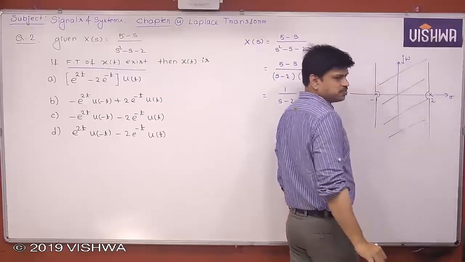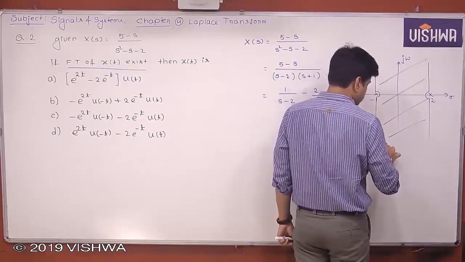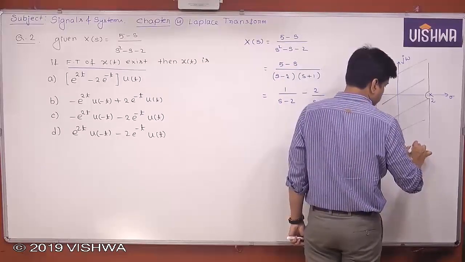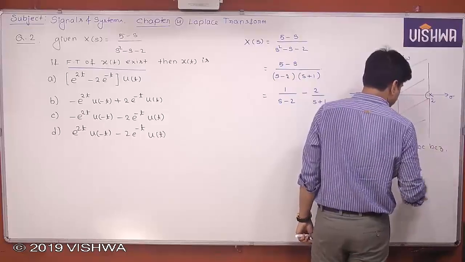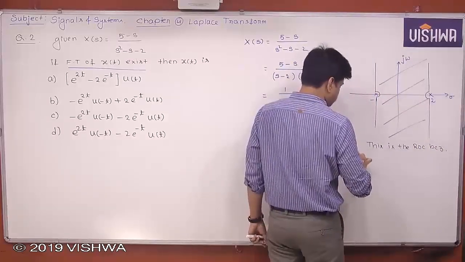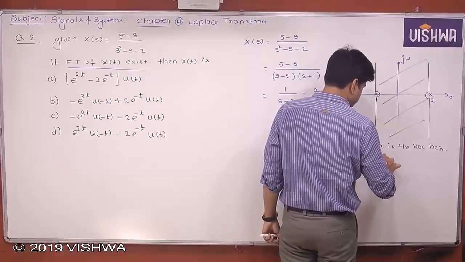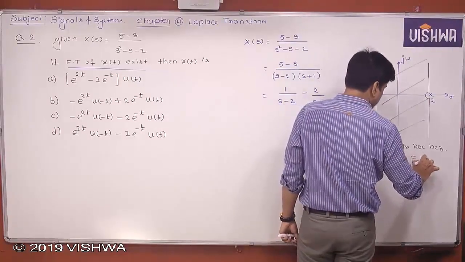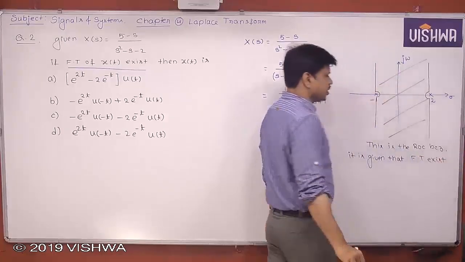This is the ROC, because it is given that the Fourier transform exists.